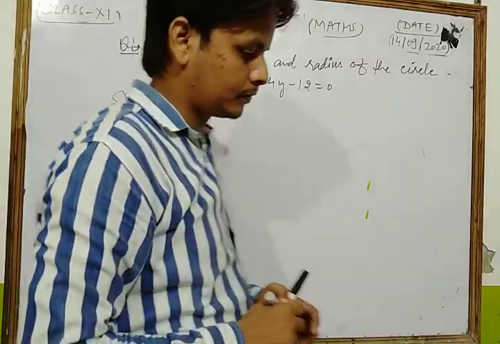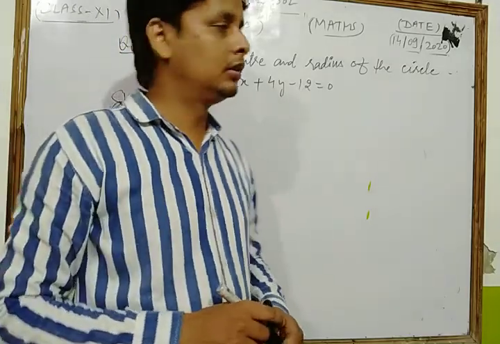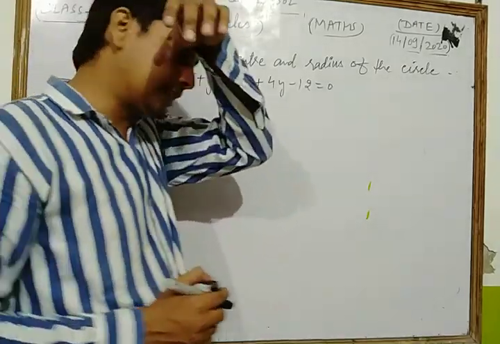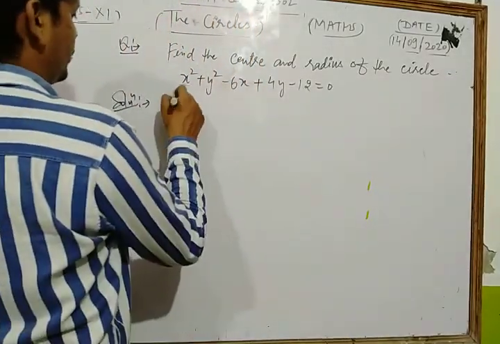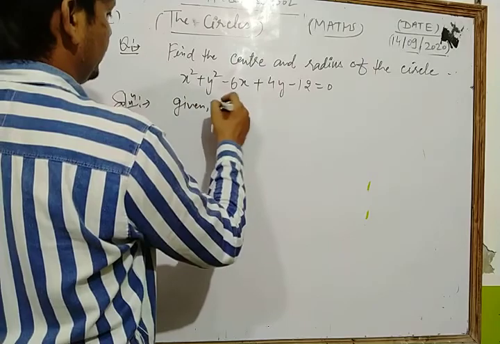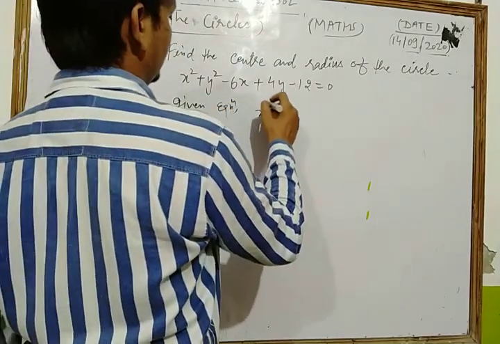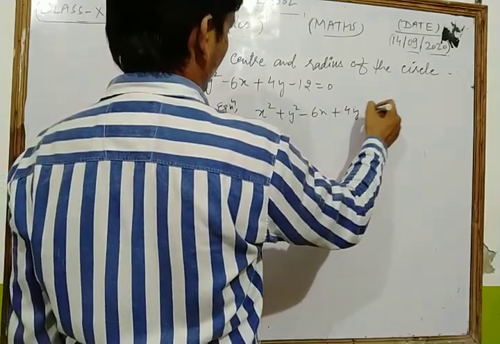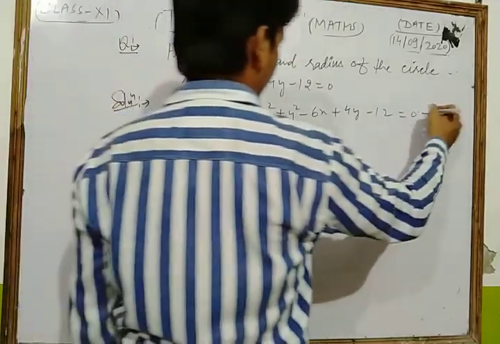Dear students, in this question we find the radius and center of the circle x square plus y square minus 6x plus 4y minus 12 is equal to 0. Let's see its solution. First of all, we write the given equation: x square plus y square minus 6x plus 4y minus 12 is equal to 0. Take this as equation number 1.